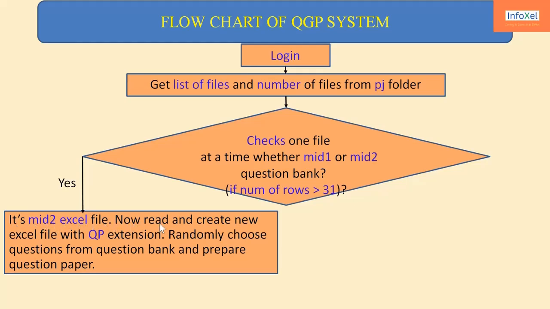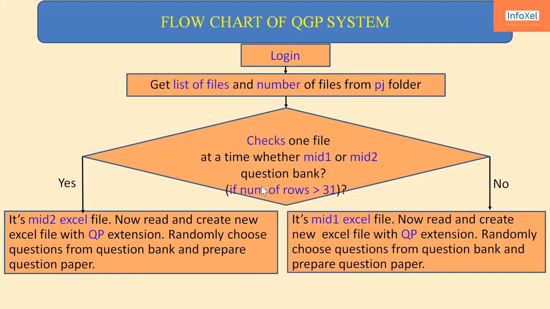Now read and create a new Excel file with the QP extension. This QP extension is the question paper. So what the QPG system will do is randomly choose questions from the question bank and prepare the question paper. In case it is false, if the number of rows is less than 31, it's the mid-1 Excel file.